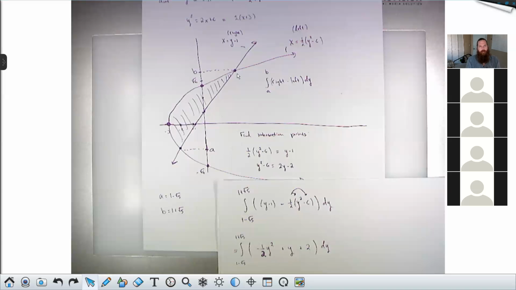It would go largely the same. Your bounds would definitely change because that would change where the parabola and the line intersect. But most of the setup and most of the picture would go the same way. The line would still be the rightmost function and the parabola would still be the leftmost function unless you also moved that y-intercept. Other questions on this guy?